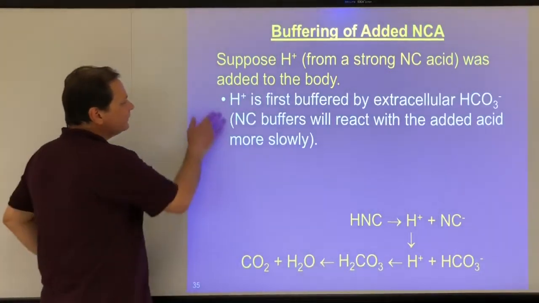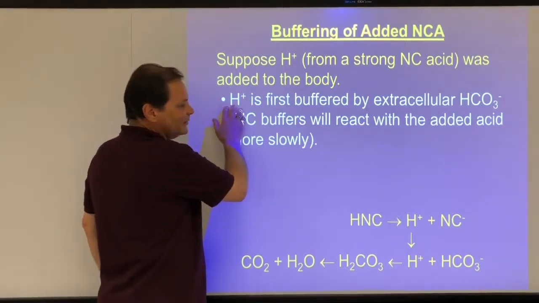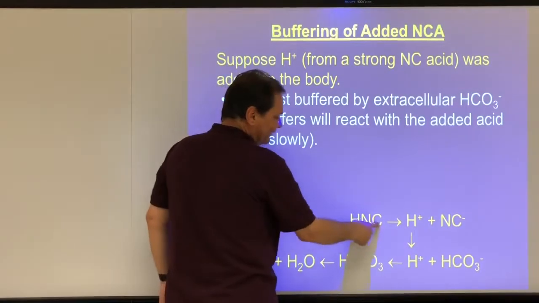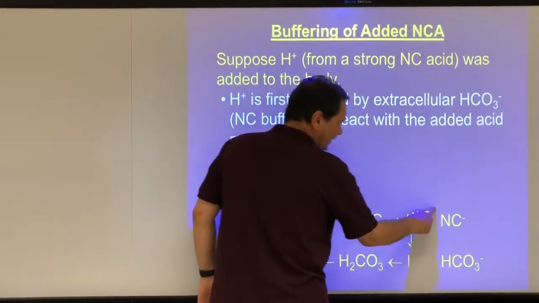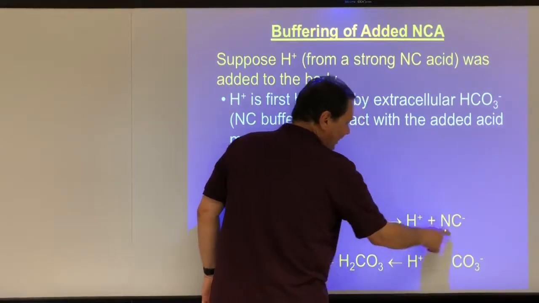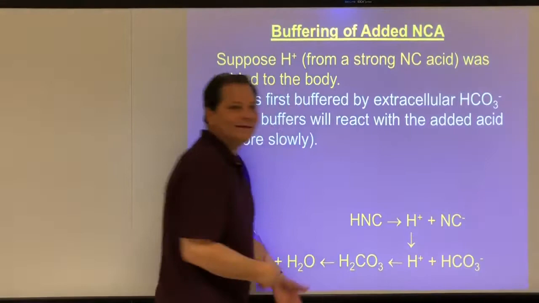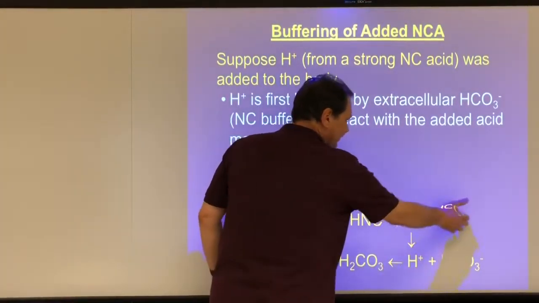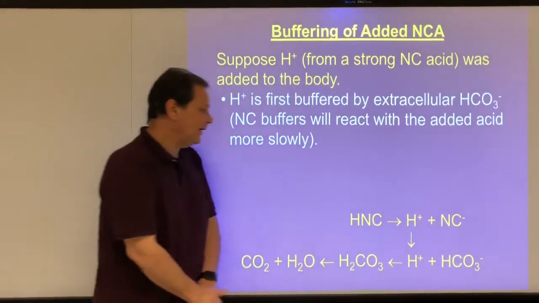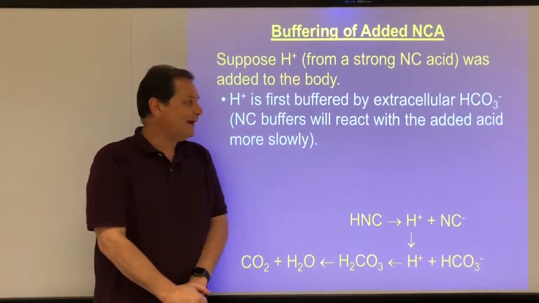Let's talk our way through this. So first, our added acid dissociates into a hydrogen ion and a non-carbonic anion. If this were lactic acid, this NC would be lactate. It would dissociate into hydrogen ions and lactate anions. That's the first thing that happens.